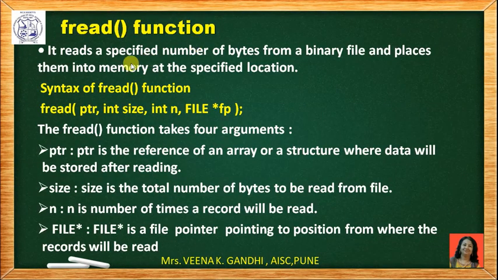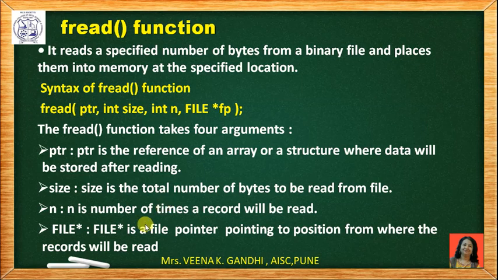The fread function. This function reads a specified number of bytes from a binary file and places them into memory at a specified location. The fread function accepts 4 parameters. First is the pointer, a reference to an array or structure where the data will be stored after reading. Second, size, which indicates the number of bytes to be read from the file. Next, the number of times the record will be read.